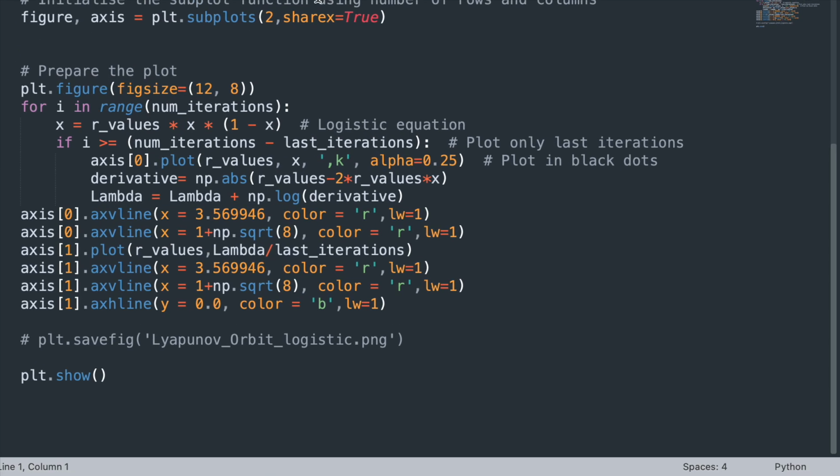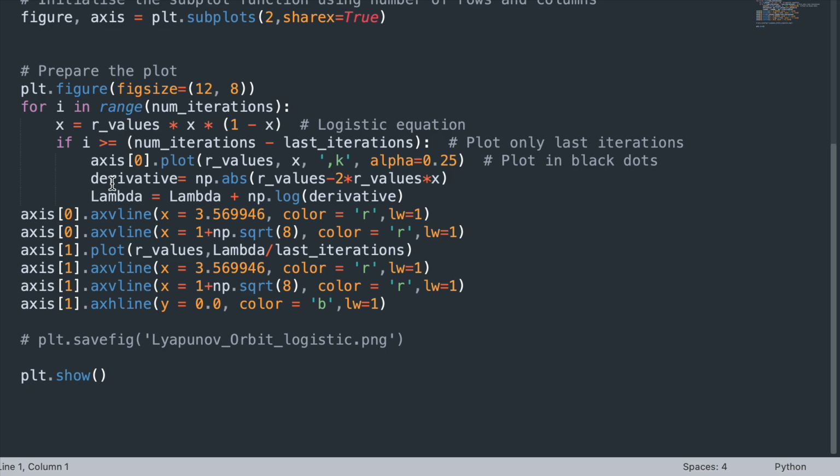So after 5000 I am calculating that derivative, r minus 2 into r into x, taking the absolute value of that, and adding that value to the previous value in d1.